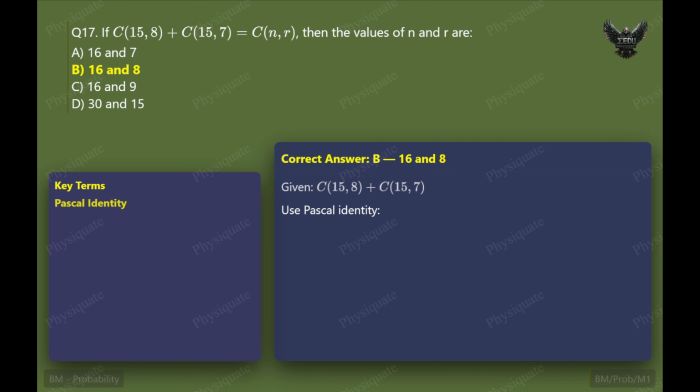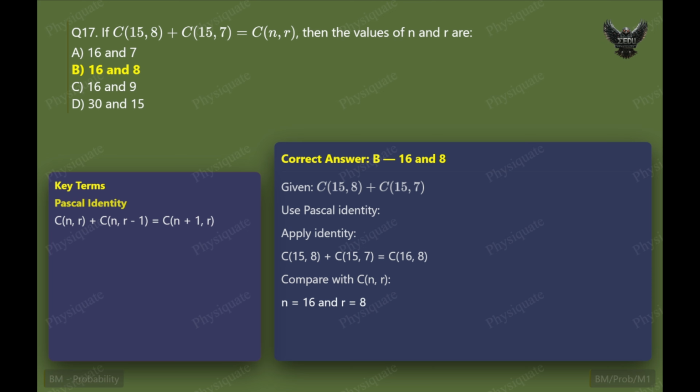Now let us consider Pascal identity. C(n,r) plus C(n,r-1). Apply identity: C(15,8) plus C(15,7) equals C(16,8). Compare with C(n,r): n equals 16 and r equals 8. Thus, the values are 16 and 8.